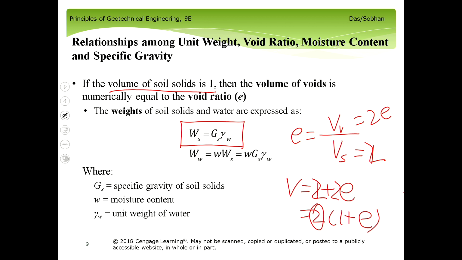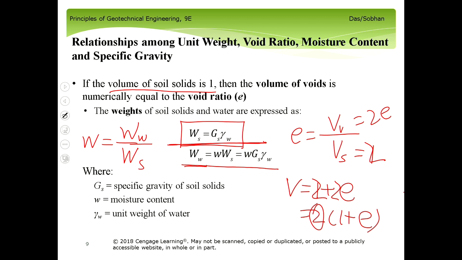And we express the weight of solid with this. And then as long as you know this, for the water weight, then it equals to this. Why? Because this is the water content, right?